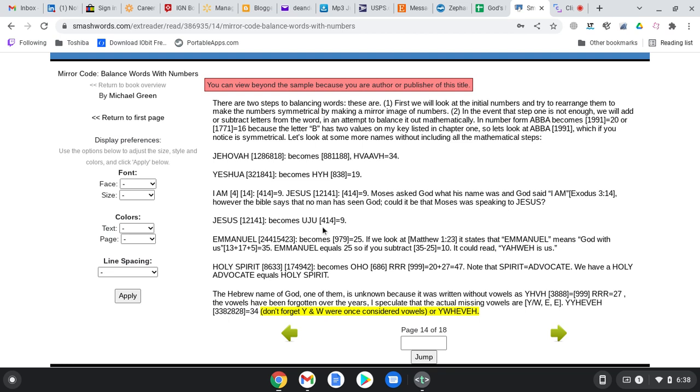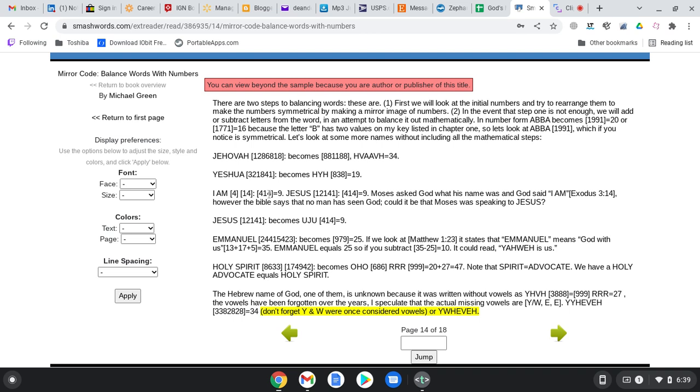If you switch the numbers around, you'll see that it's 414, which is 9. 4 and 1 is 5, plus 4 is 9. 414 is equal to 9. That's why I say Jesus Christ is associated with number 9.